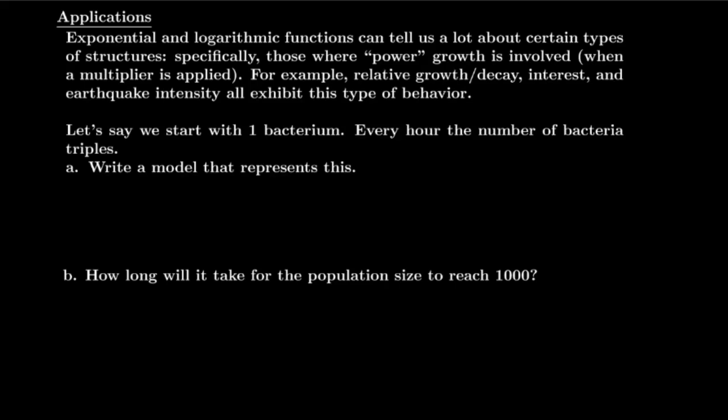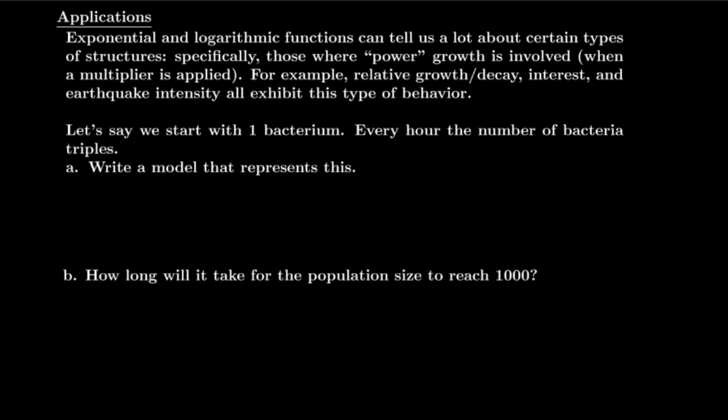Which could also refer to interest on loans, interest on money you put into a bank, stuff like that. And earthquake intensity. The Richter magnitude scale is a logarithmic scale. So each time something goes up by 1 magnitude, that's actually times, I think, 10, rather than just going up by 1. That's why magnitude 6 and magnitude 7, for instance, are very, very different.